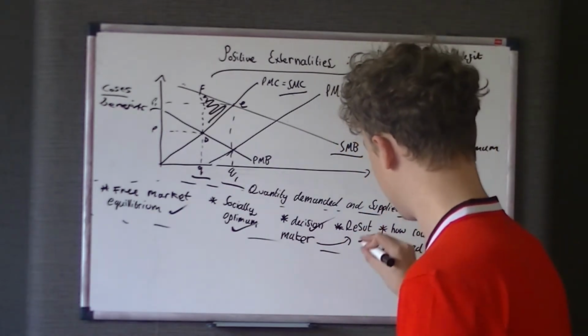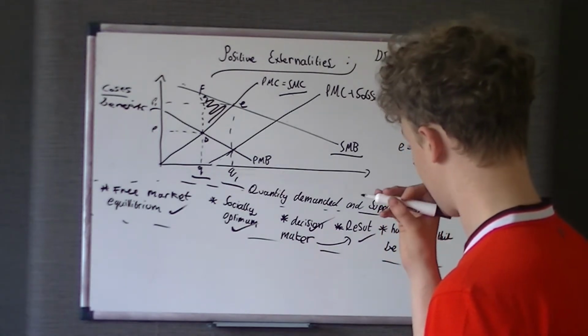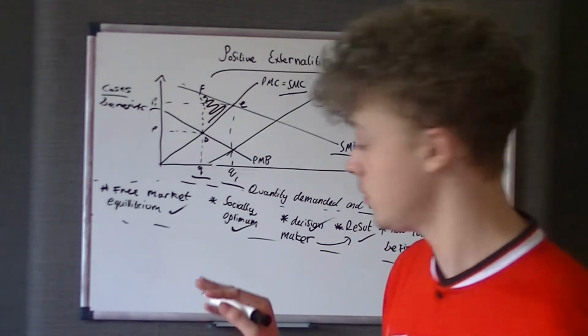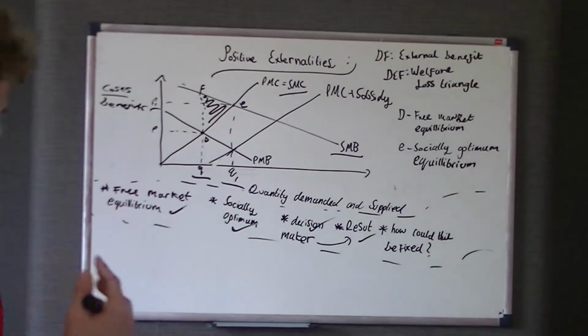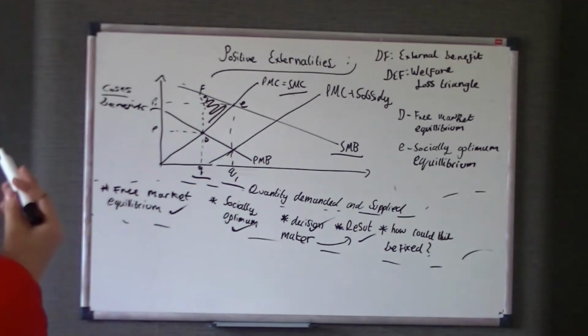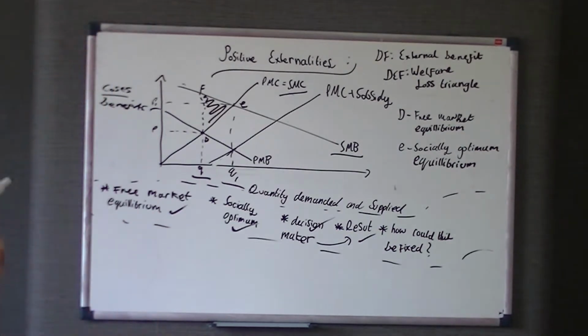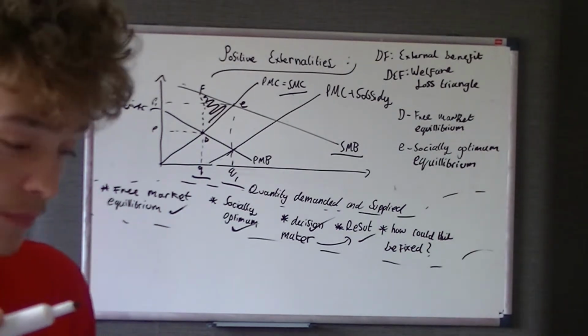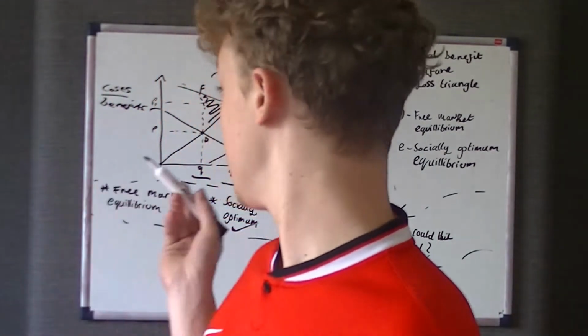Oh, we've sort of done them two together actually. Sorry, I didn't mean that. So we've sort of mixed them together. Sorry, I didn't realise I was doing that. So decision maker, for the third paragraph, what you talk about is the decision maker is unaware of. The decision maker only considers the private benefits of an activity.